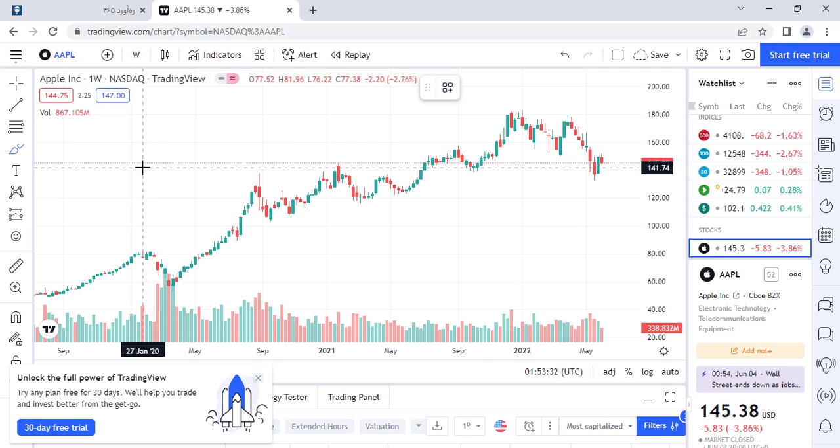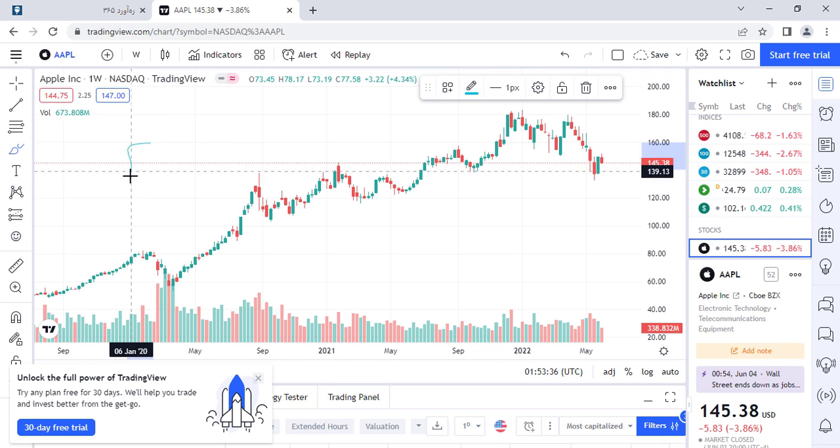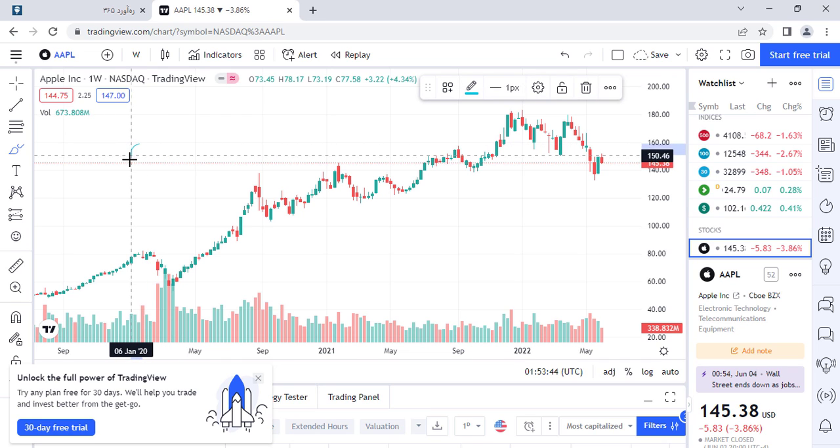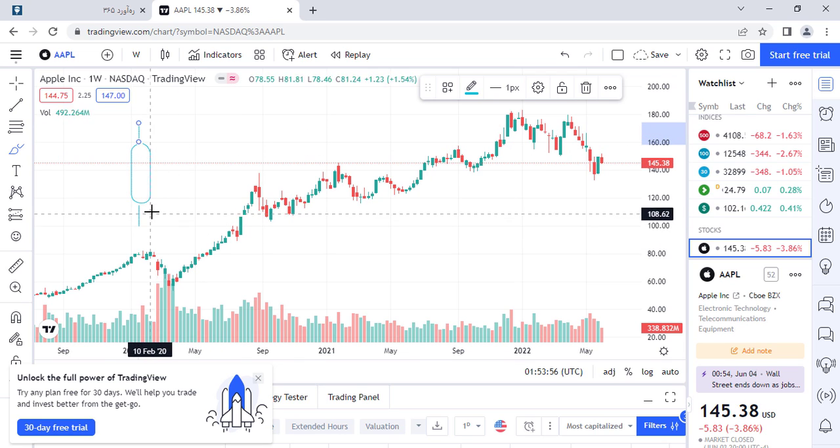Let's draw an example candle for you. A candle is like this.